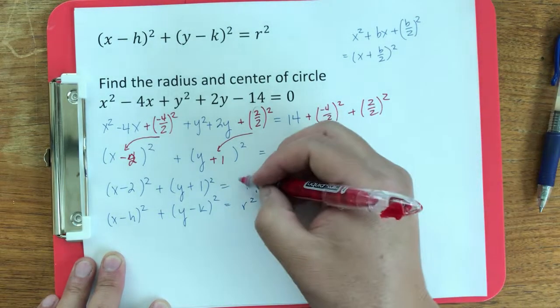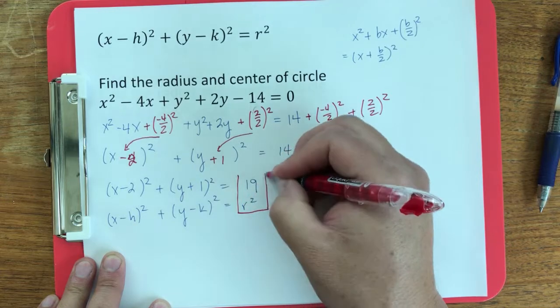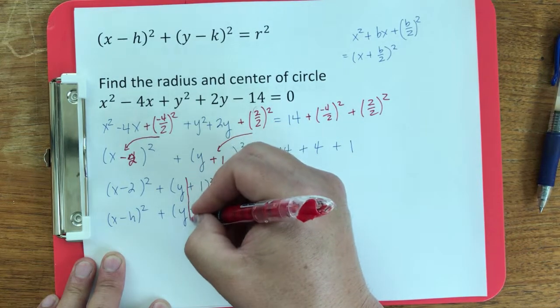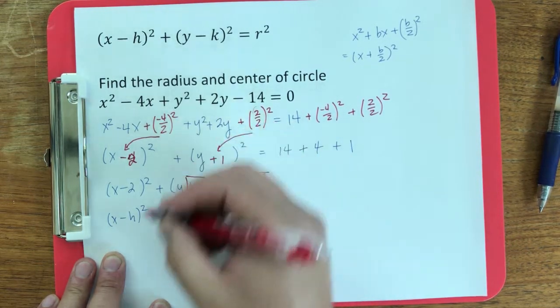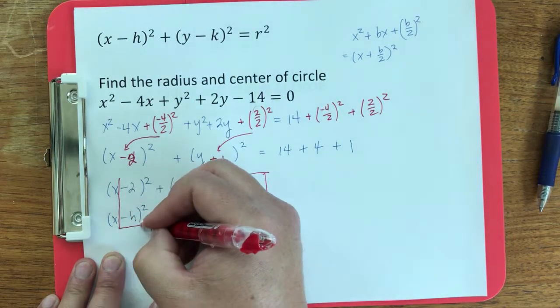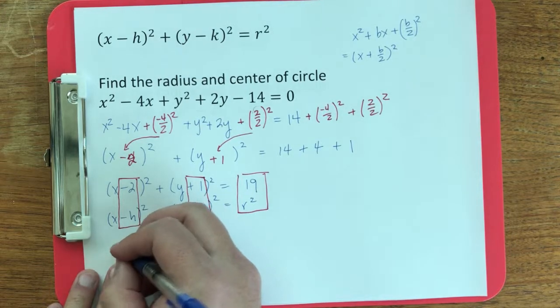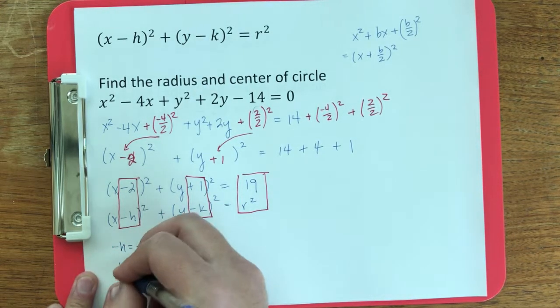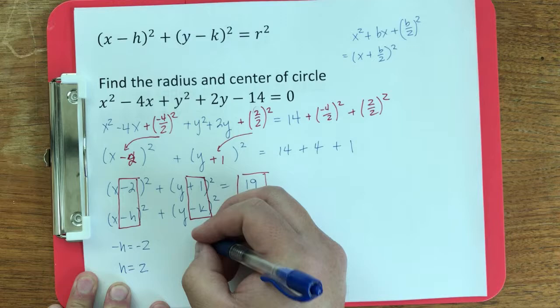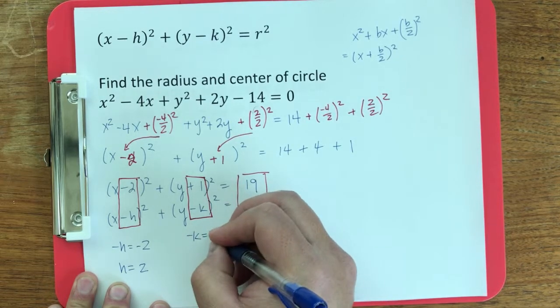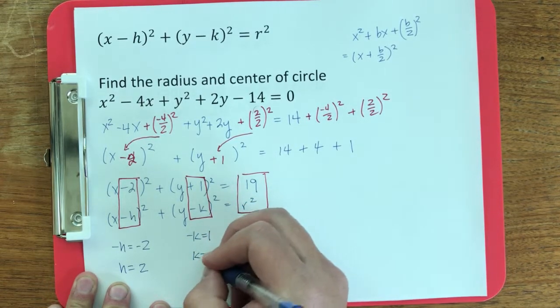And what we're saying is that r squared is equal to 19, minus k is equal to 1, and minus h is equal to minus 2. So we can see that minus h is equal to minus 2, so h will be equal to 2. Minus k is equal to 1, so we can see that k is equal to -1.